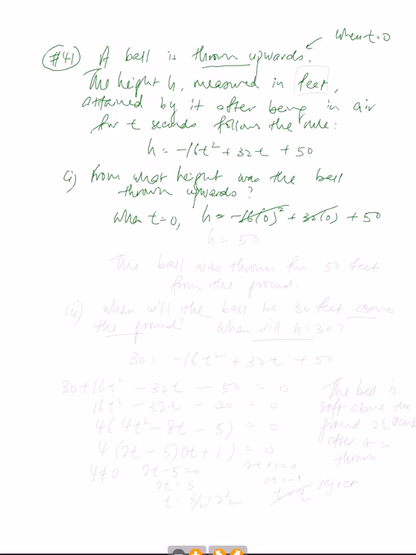So that's a 0, that's a 0, which tells you h is 50. The unit is in feet. So the ball was thrown from 50 feet from the ground.